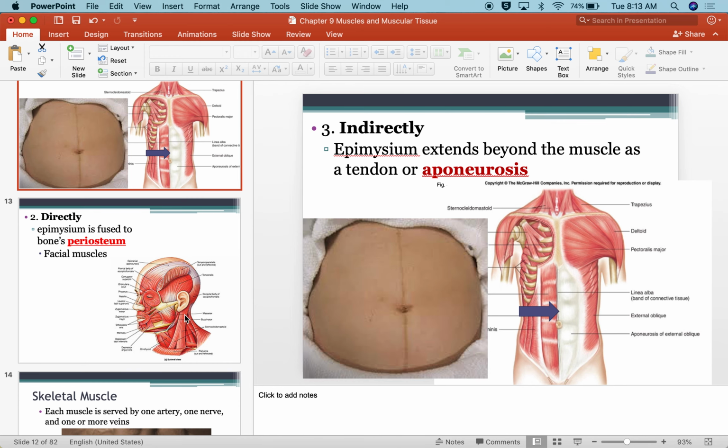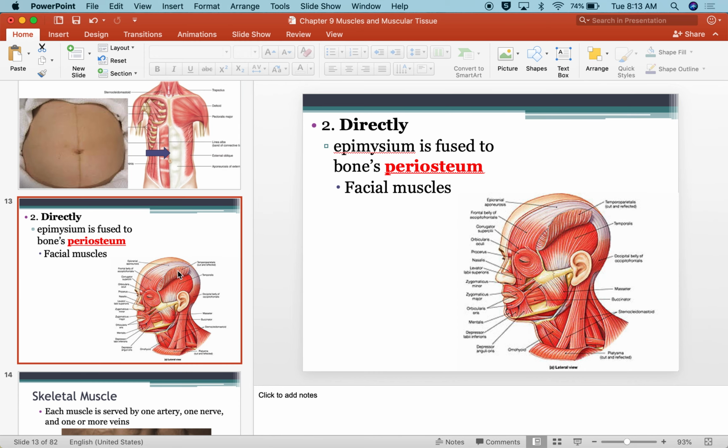Okay, so then you have a more direct attachment of the epimysium being fused to the bone's periosteum, which is how we see the facial muscles work.